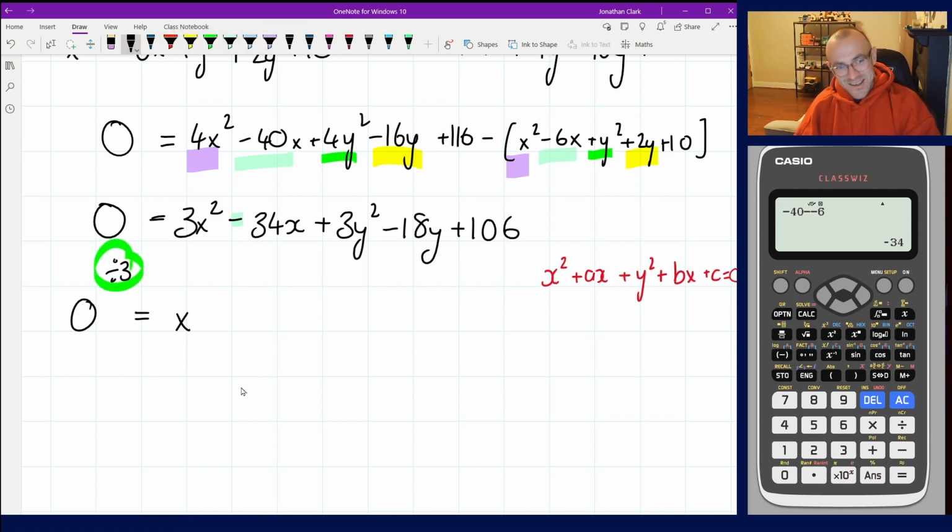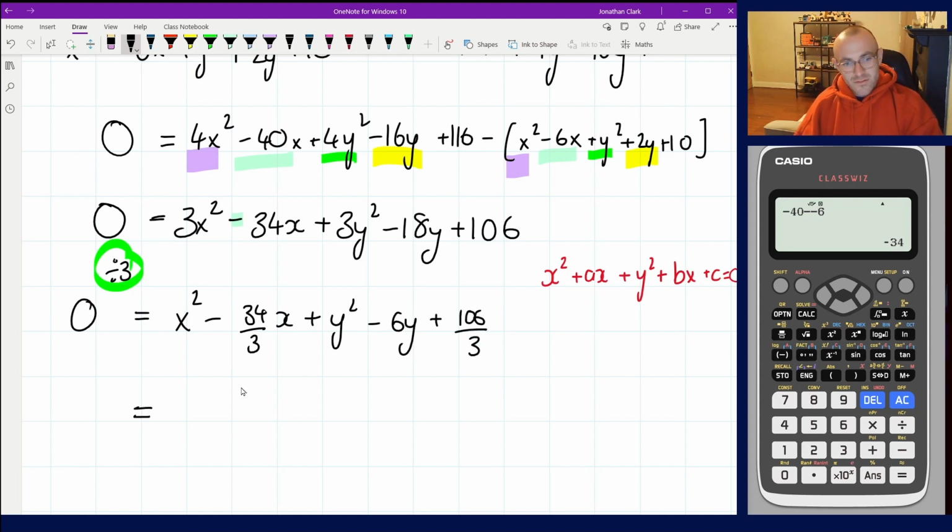So let's do that. X squared 34 over 3x, not a great number, plus y squared, take away 18 over 3 is 6. 106 over 3, does that go in? No. This is 106 over 3. Okay, gross, but it is actually getting there.